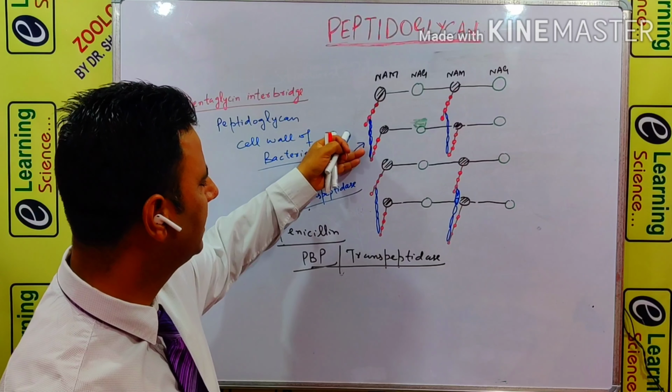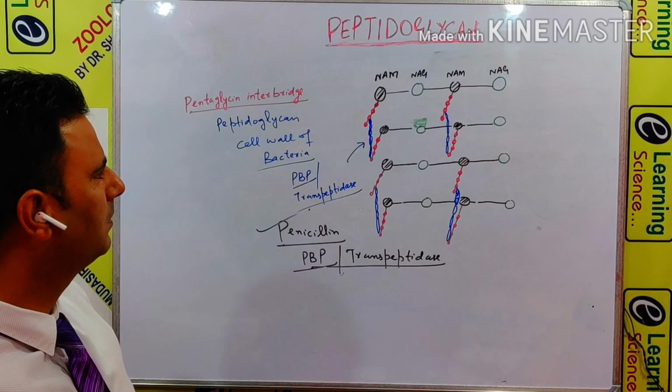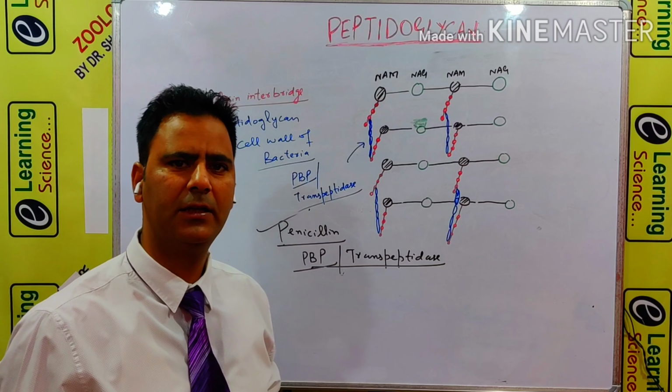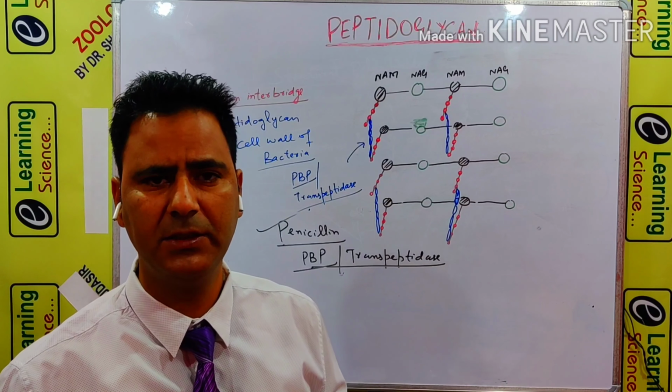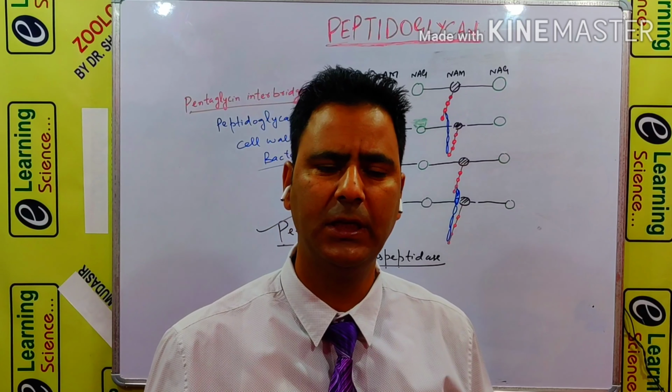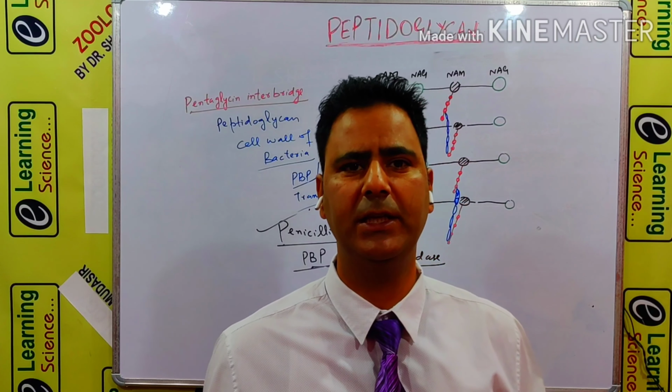The pentaglycinic interbridge will not be formed, the stability of peptidoglycan is lost, and the cell wall of the bacterial cell will get damaged. It will not be formed at all, and we will get rid of this bacteria.